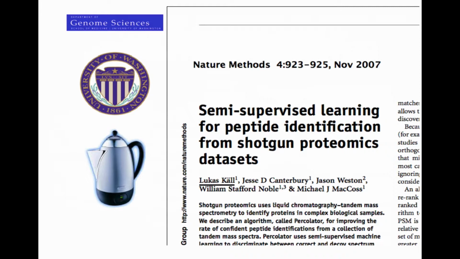The reason why I bring this story up now is that quite a number of efforts have been directed towards integrating Percolator into the OpenMS platform. I'm very pleased by that development, but let me just give you a couple of background facts here about Percolator.